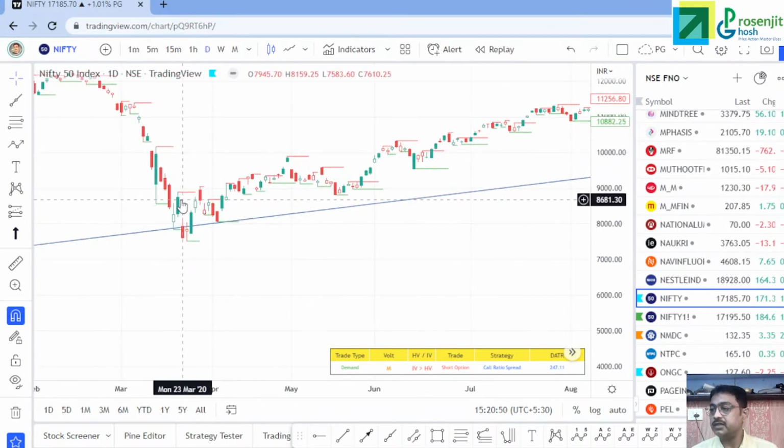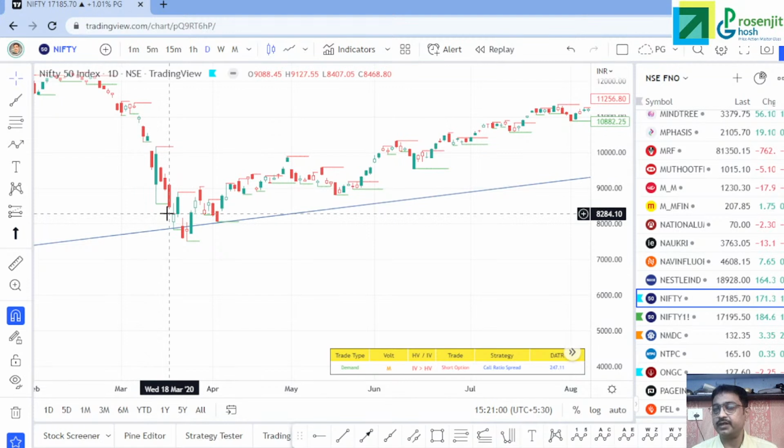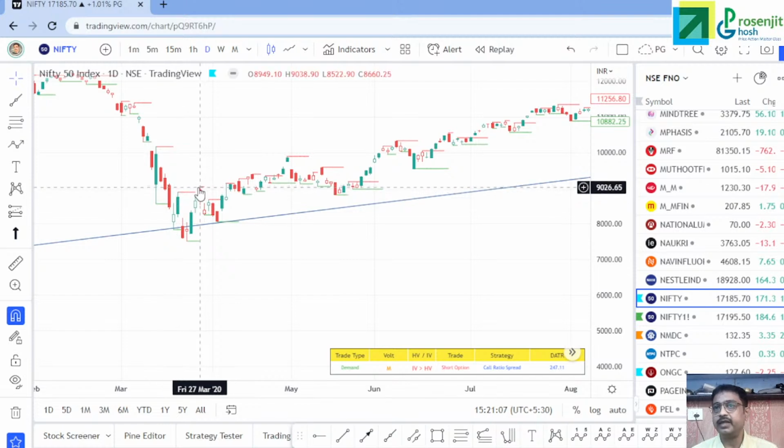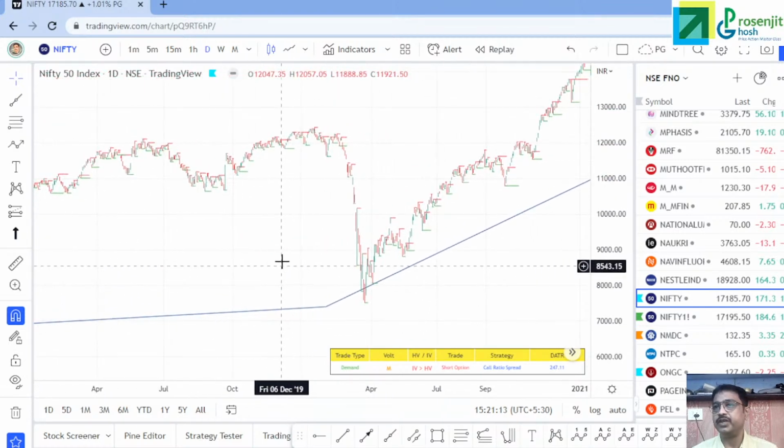What are lower highs and lower lows? Lower lows tell us that the price is in a downtrend. So how did the trend change? Once the lower high gets broken, the price retraces, and look how beautifully the trend changes.